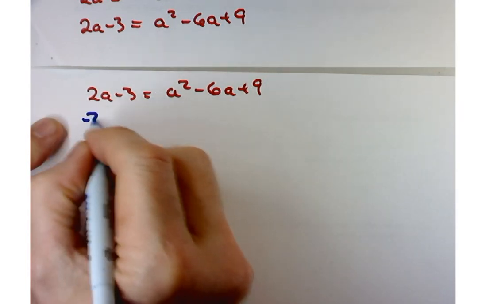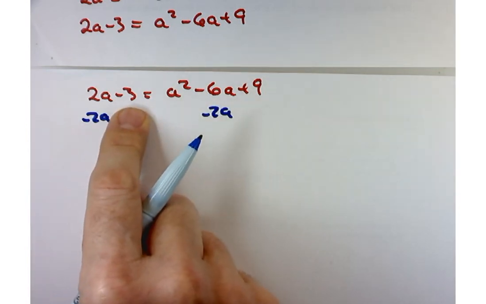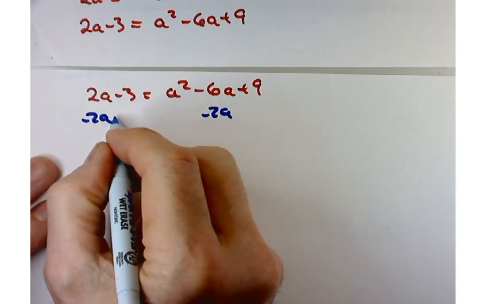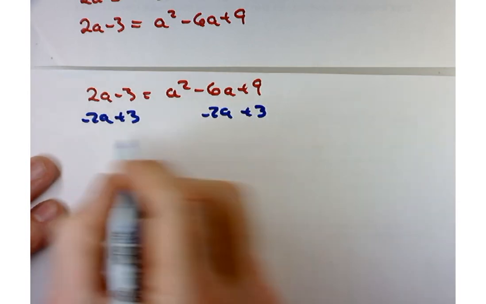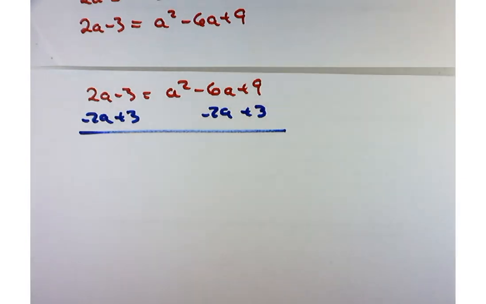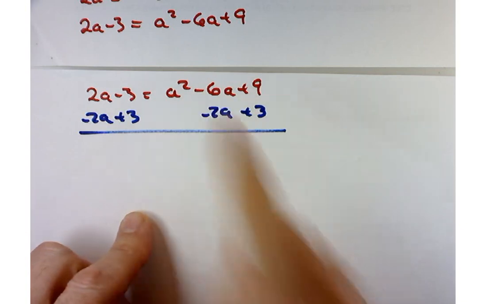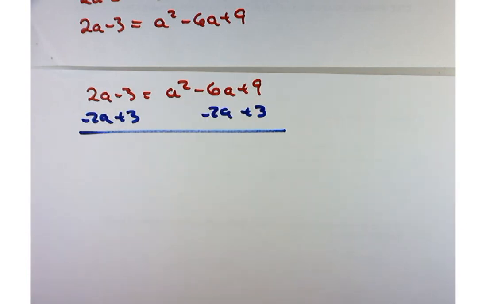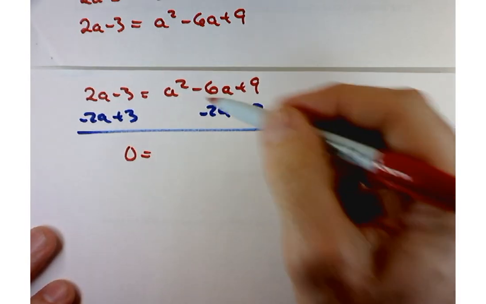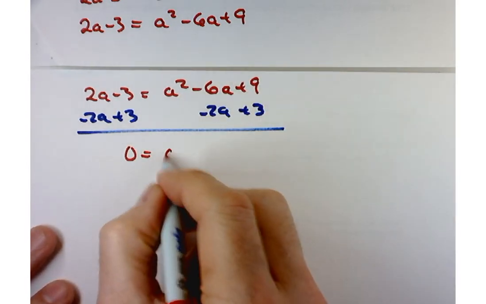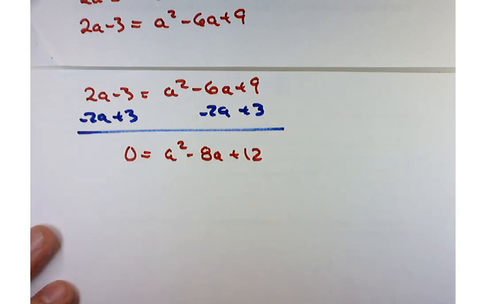So that means I'll subtract 2a. What's going to get rid of the minus 3? Plus 3. Yeah, 3. If you notice on the right-hand side, I put those underneath like terms so that I can just add things straight down. So it's going to be 0 equals a squared minus 8a plus 12.